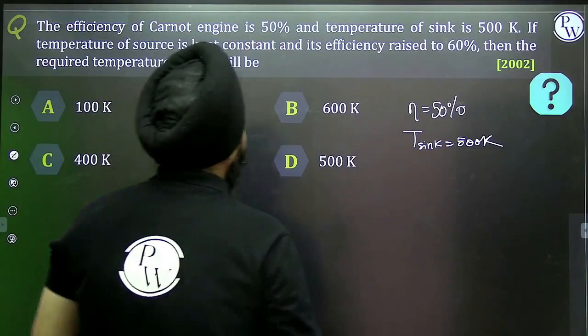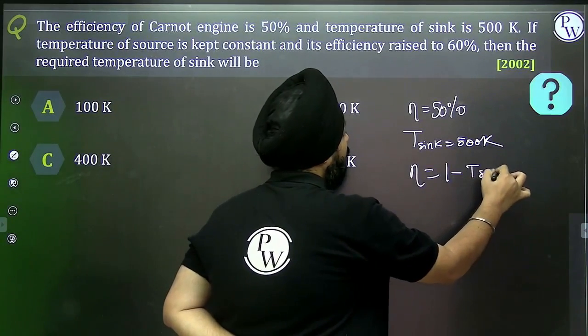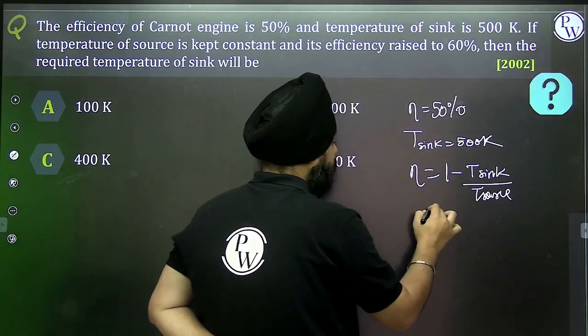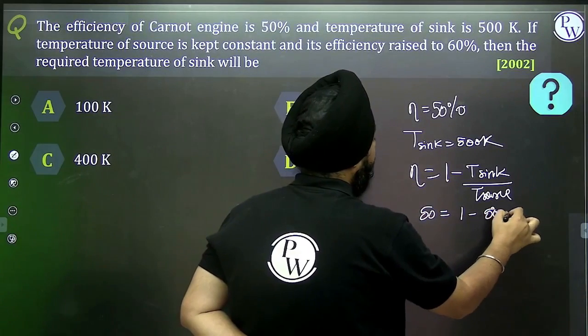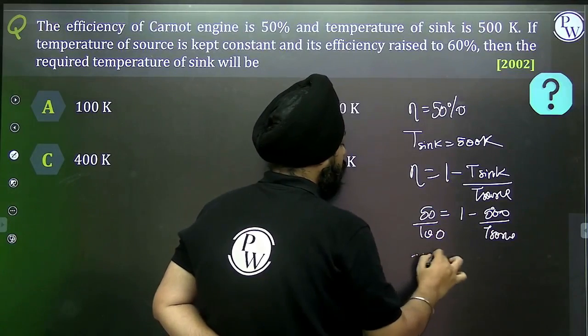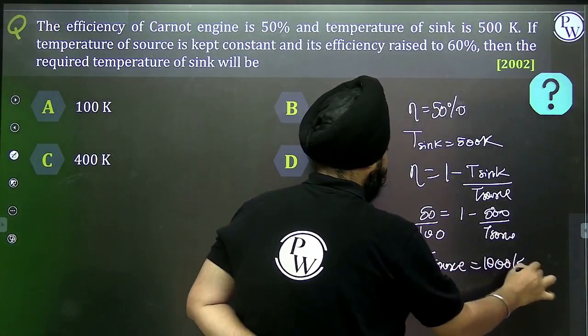First, let's calculate the temperature of the source. Efficiency is 1 minus sink by source. 50 by 100 equals 1 minus 500 Kelvin divided by source. So the temperature of the source we get as 1000 Kelvin.